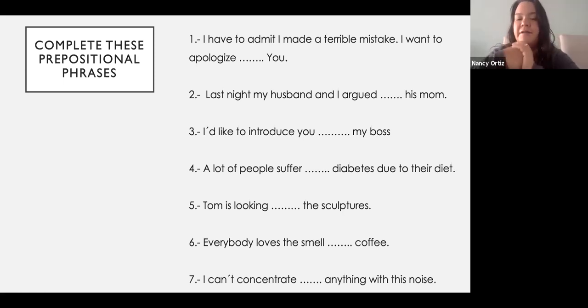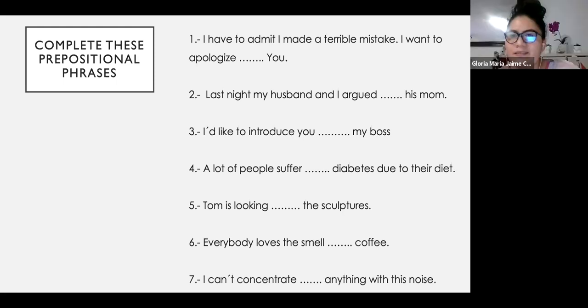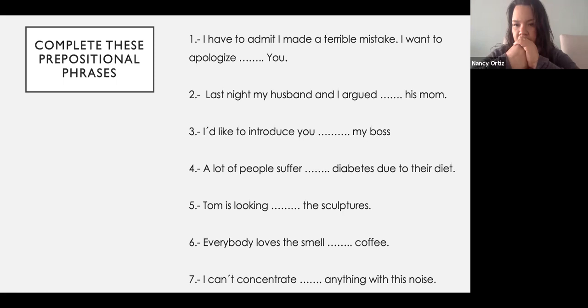Number two, Gloria. Last night, my husband and I argued with his mom. Argue with his mom. Okay, do we agree? I wrote about his mom. About his mom. Any other answer?